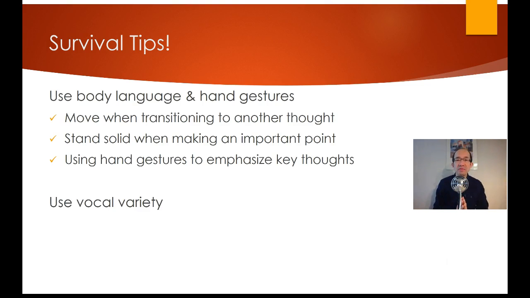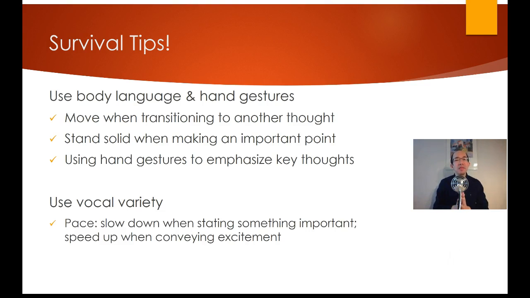And also think about vocal variety. If you are going to talk about something that is really important, think about slowing down your pace and speaking a lot slower. That's, again, going to convey importance. If you are talking about something that's really exciting, then think about speeding it up a little bit.